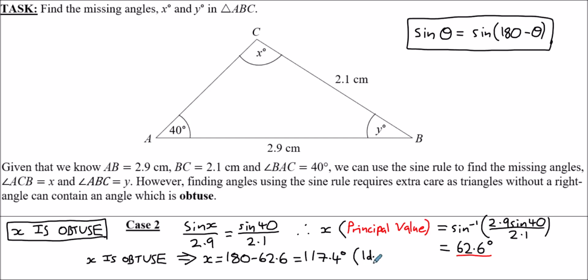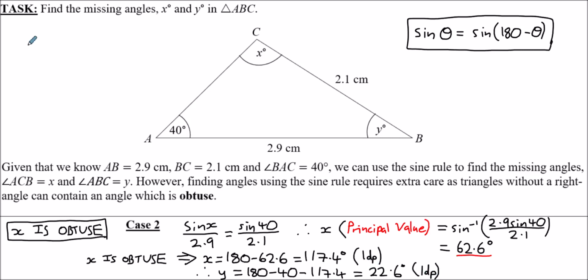To 1 decimal place. And therefore, y, in the case that x is obtuse, of course, would be 180 minus 40 minus this obtuse value of x, which should be 22.6 degrees, again to 1 decimal place.